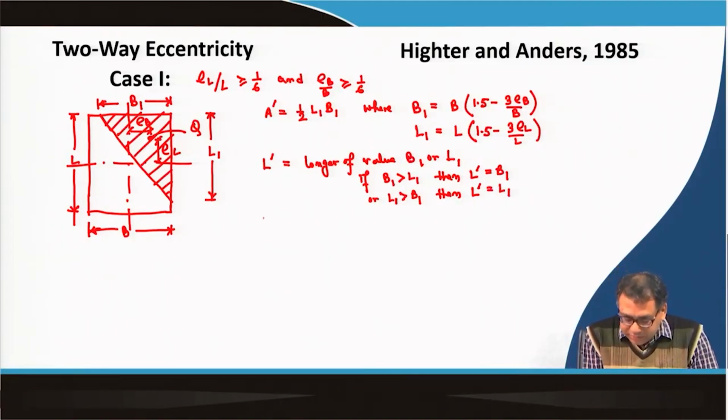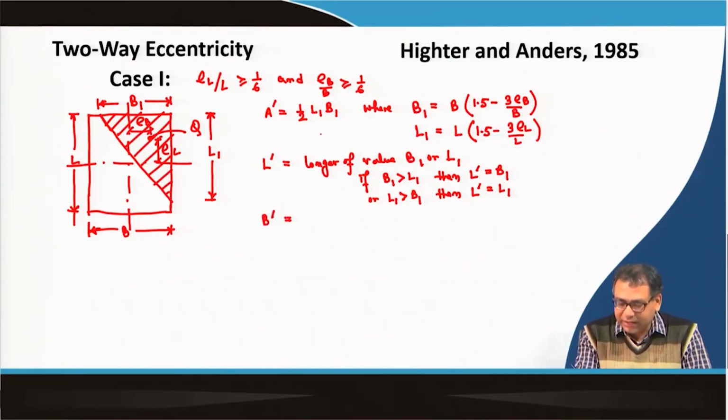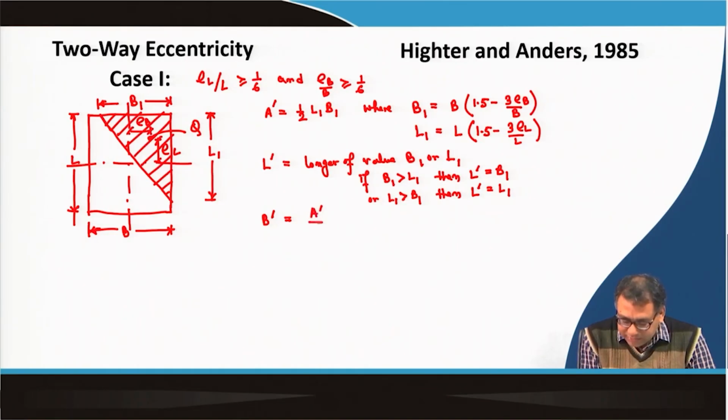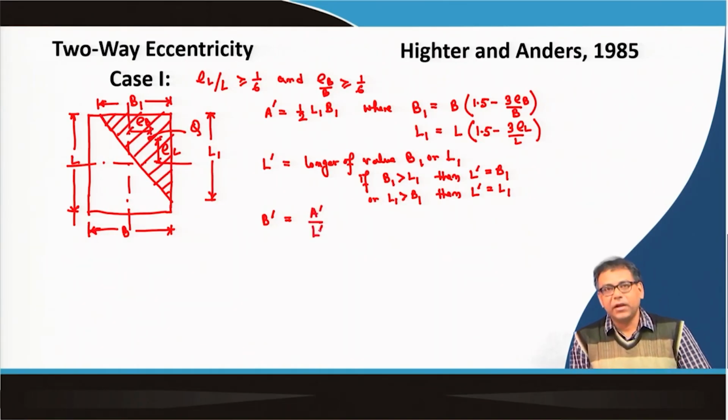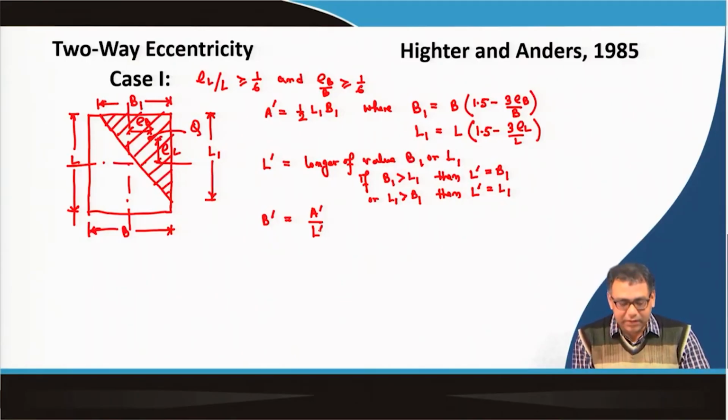Now, the effective width B dash I can calculate, because I can get L_1 and B_1 from these two equations. So, I know the effective area A dash. Once I get A dash, and L dash is the longer value of B_1 or L_1, then my B dash will be equal to A dash by L dash. This way I will get the effective area as well as the effective width and length in case of two-way eccentricity, case 1 of this condition.